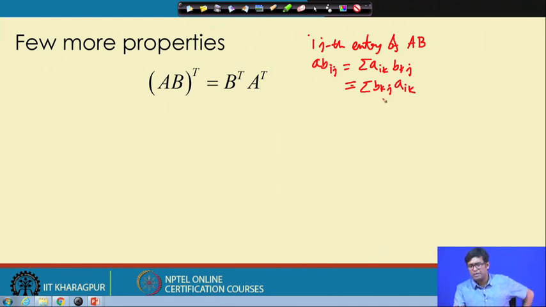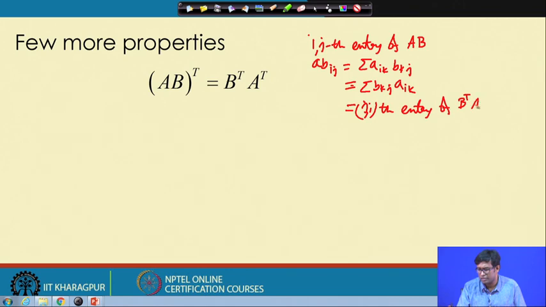Now, Bkj is nothing but the members of B transpose, and Aik can also be the row members of the ith column of A transpose. So this is the jith entry of B transpose A transpose.